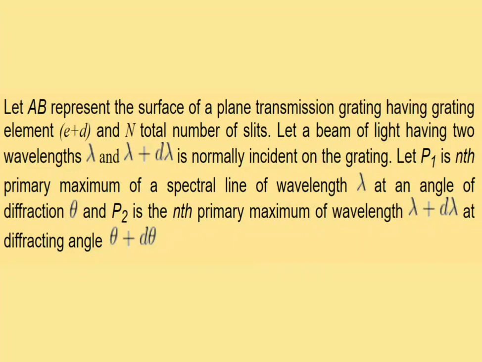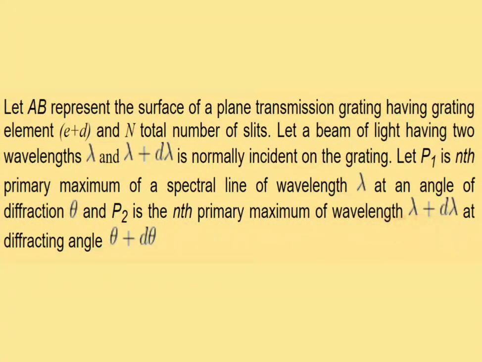Now a beam of light having two wavelengths, lambda and lambda plus d lambda, is normally incident on the grating. As already discussed in the diagram, P1 indicates the principal maxima having wavelength lambda and angle of diffraction theta.